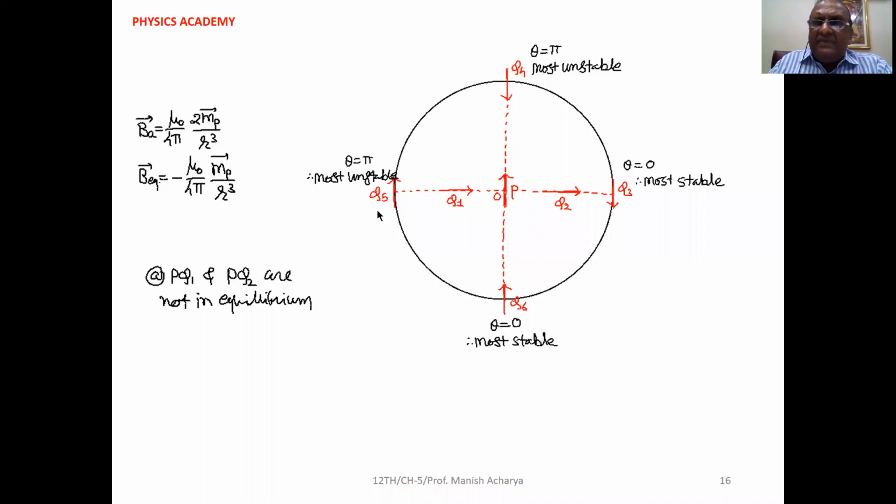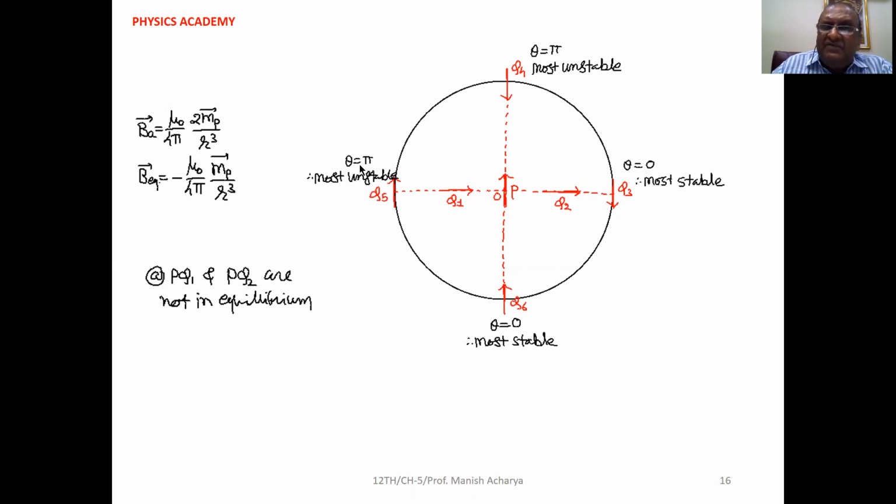Then the magnetic needle Q is placed in position Q5. Here, for magnetic needle Q, the magnetic moment is upward, but it is on the equatorial line of P, and the magnetic field of P on the equator is downward, in the direction opposite to the magnetic moment of P. So the magnetic moment of Q is upward and the magnetic field of P is downward.